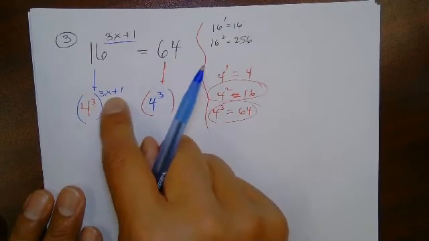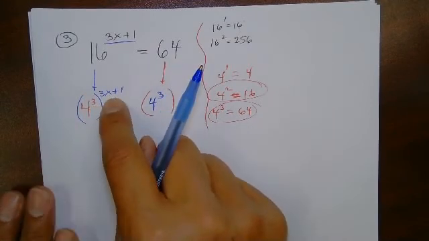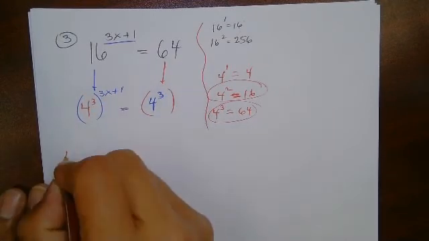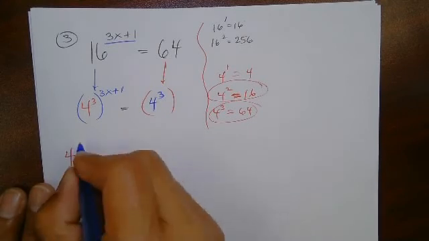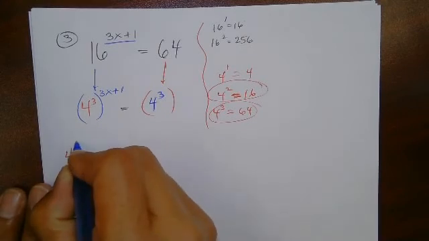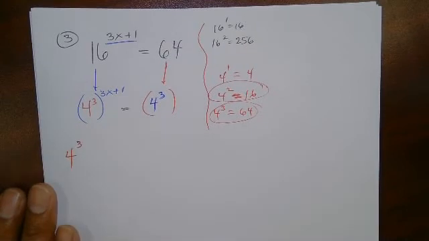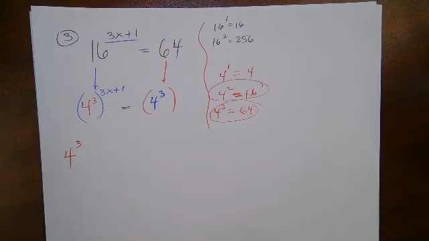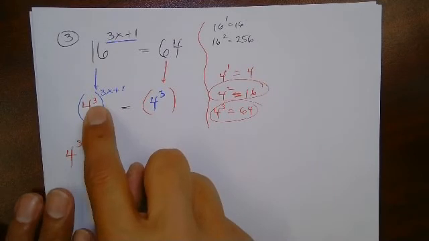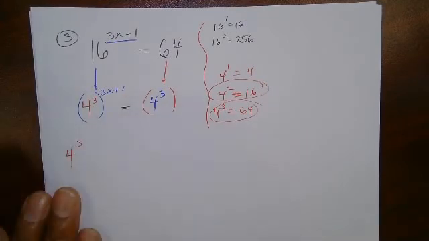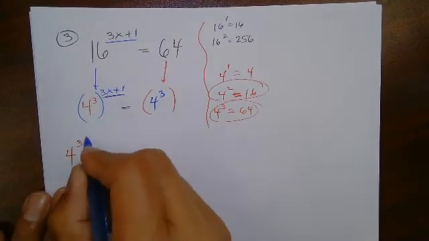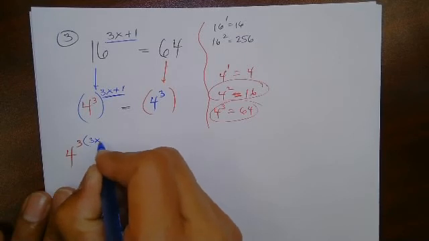And here's where there's something new that's going to happen. Watch out right here, because I have an expression. I got 3 times 3x plus 1. So here you're going to have 4 to the power of 3 times, so we got this 3 right here, and you have to multiply 3 times.